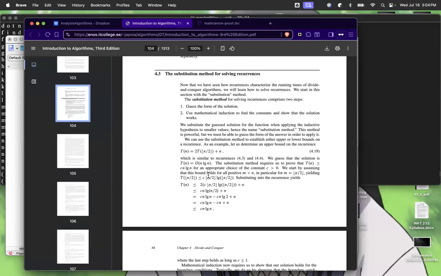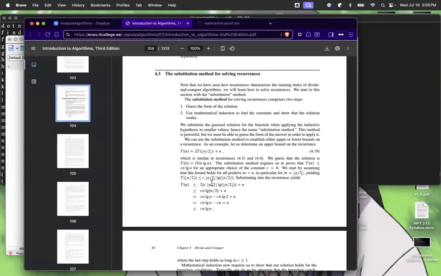We start by assuming that this bound holds for all positive m less than n. In particular, for m equal to the floor of n over 2, yielding T of the floor of n over 2 less than or equal to C times the floor of n over 2 times log of the floor of n over 2. Substituting into the recurrence yields the following.